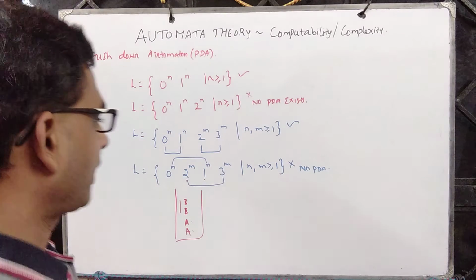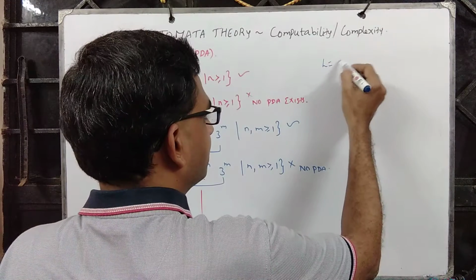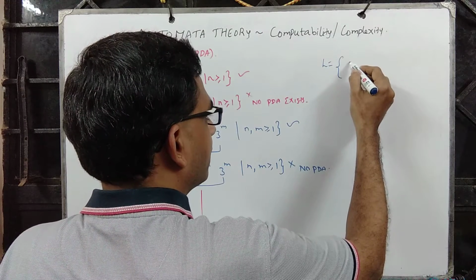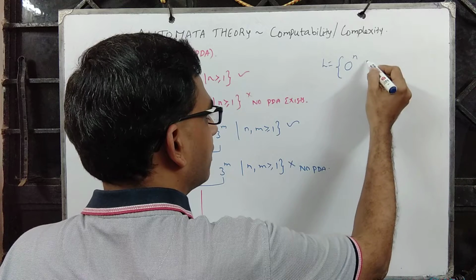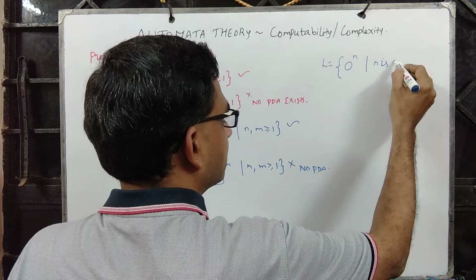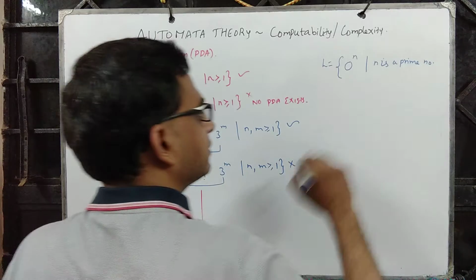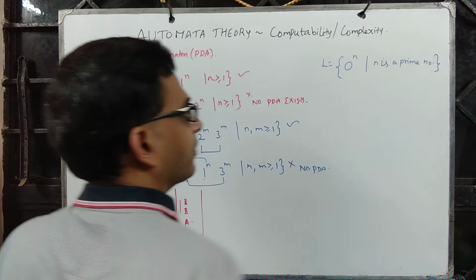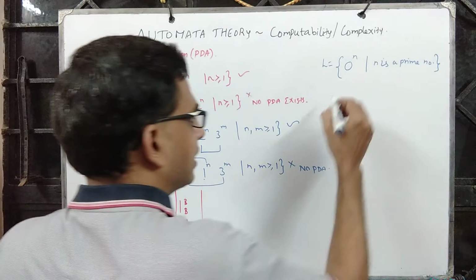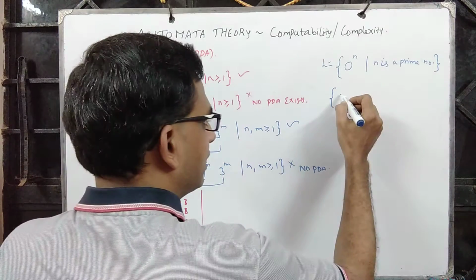And then we ask for languages of this type, say L is equal to 0 power n, where n is a prime number. So let's leave 1, 2 and so on.